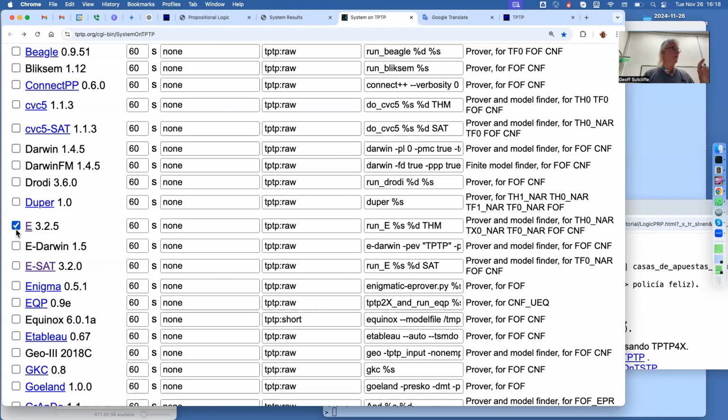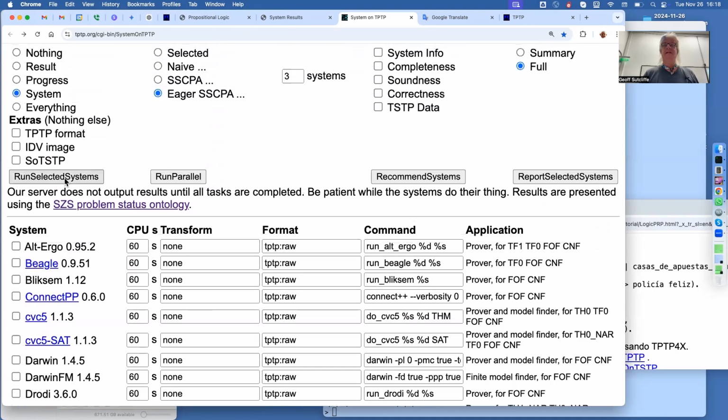You got that? Okay, everybody with that? Okay, and then run selected systems. This button here says, let's run it. Okay.